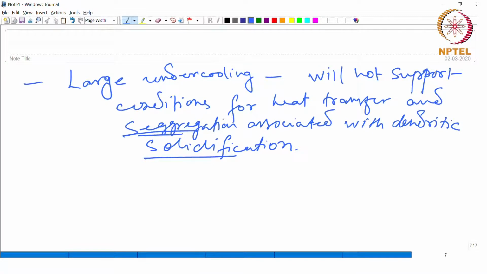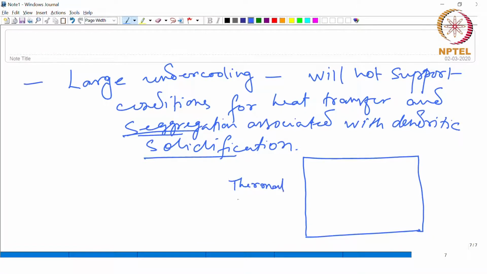And this again can be explained, can be described with the help of a graphical representation as well, where on the y axis you have thermal gradient, and on the x axis, you have temperature.